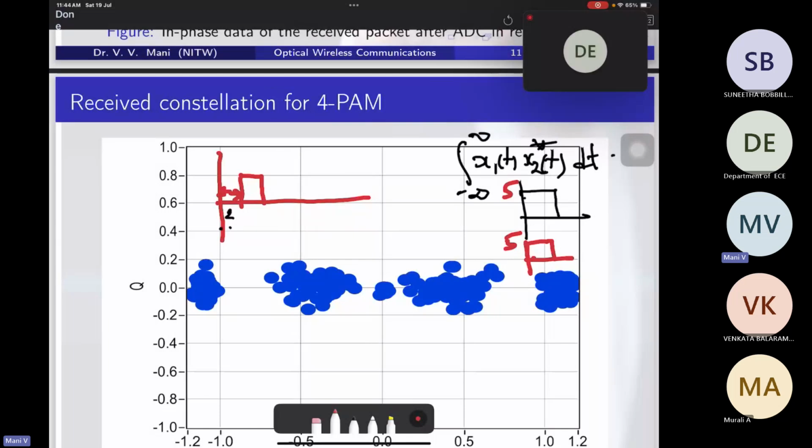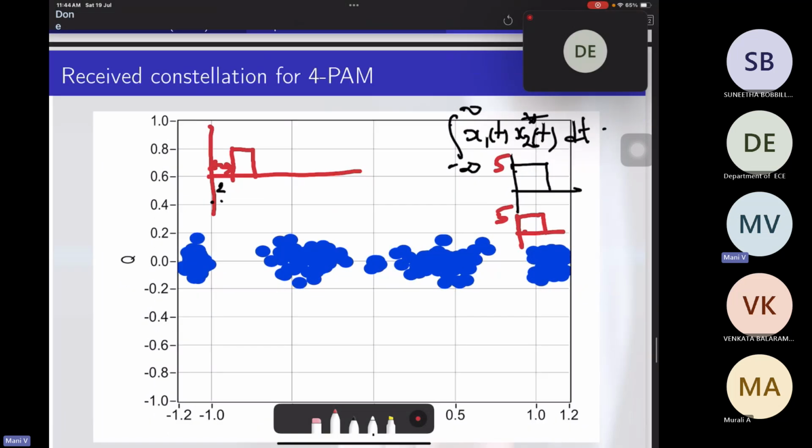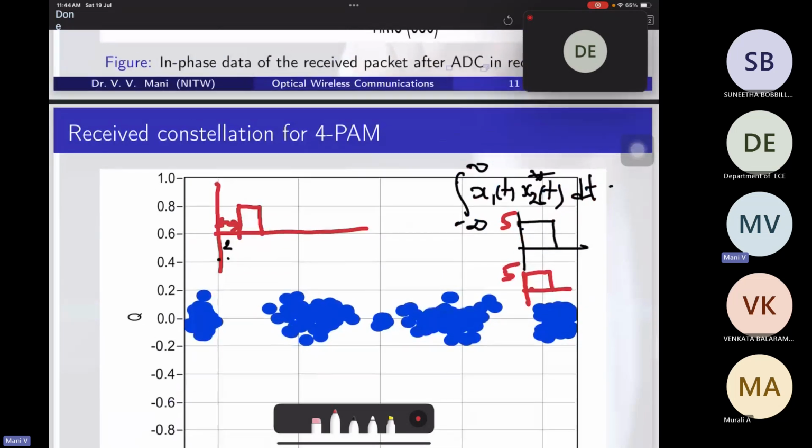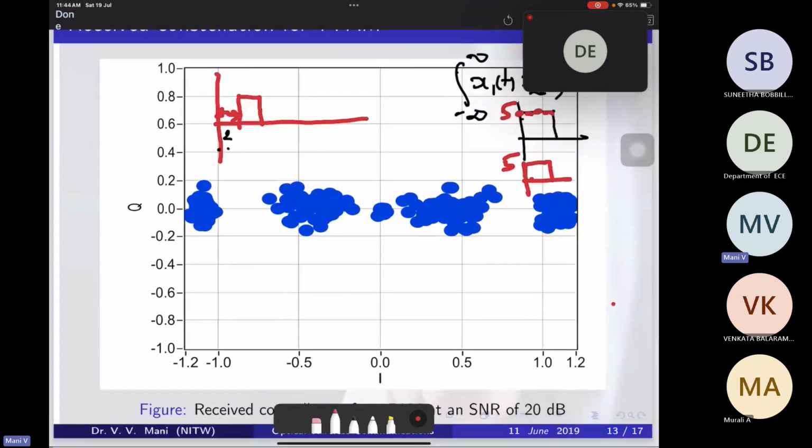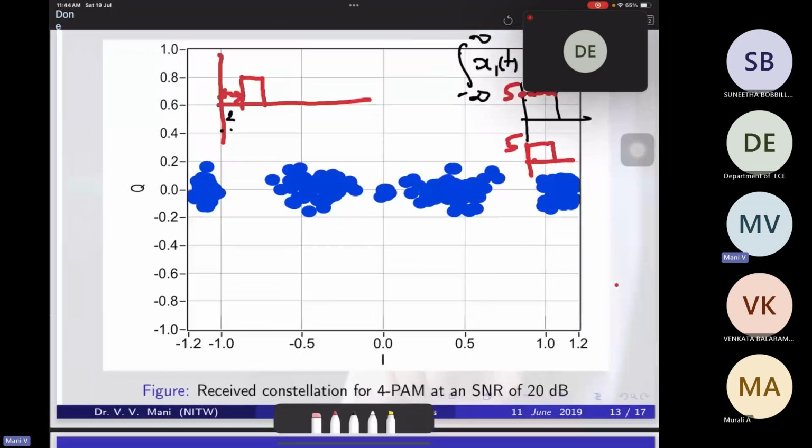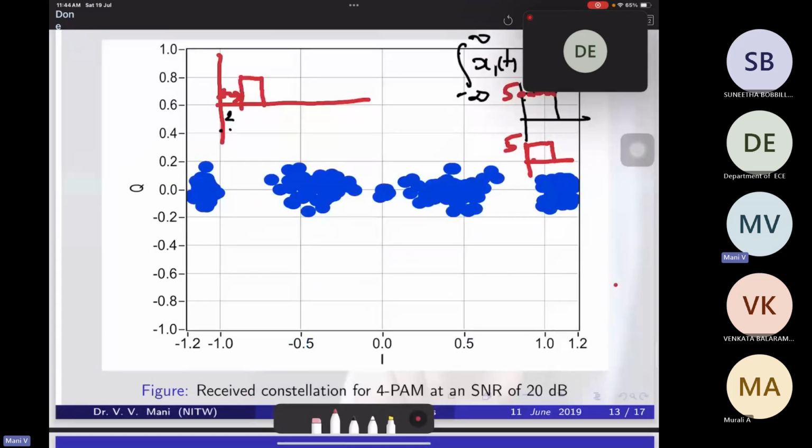Integration is nothing but adding. So 5 multiplied by 5, how much? 25. At each sample, it is 25. So I am summing up. When you sum up, what will you get at the output? A correlation value.